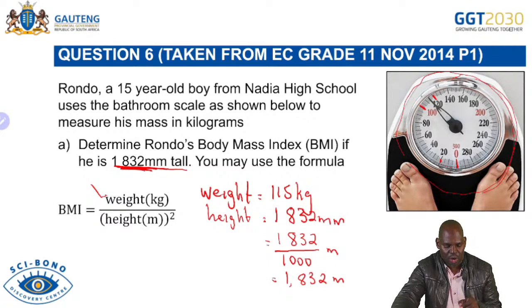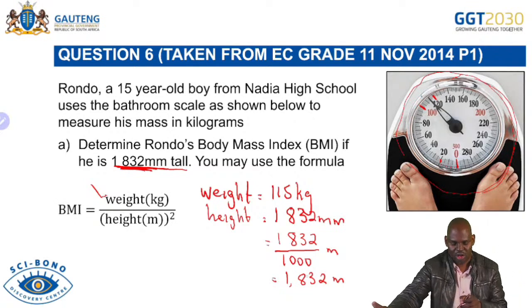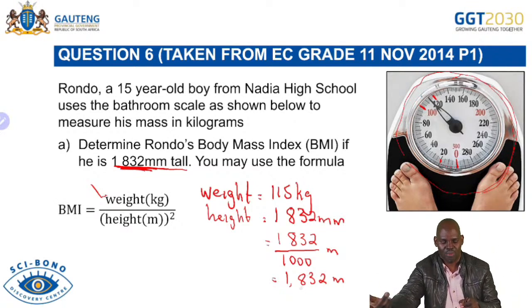Okay, 1.8 will give you a slightly different answer. So in this case, the expectation is in the end, you must get almost the same answers. If you round it off, your answer will be slightly different from the one who's going to say 1.83 and also from the one who's going to use 1.832. So it's better that all of us use all the decimals.